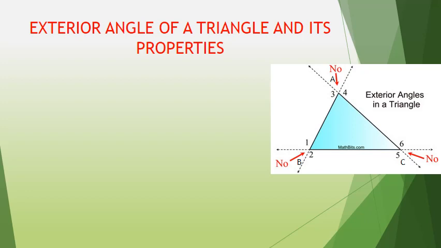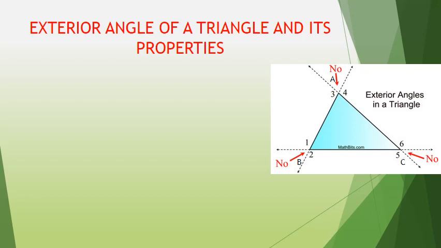Now look at the left side of the triangle, that vertex. The interior angle is given here. The interior angle is marked using the line, and its opposite angle, the arrow mark, is shown. They are the vertically opposite angle to the interior angle.